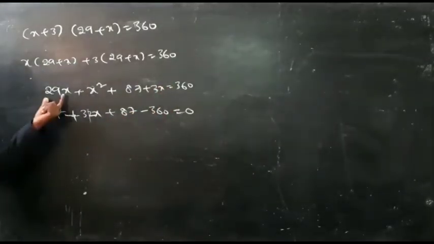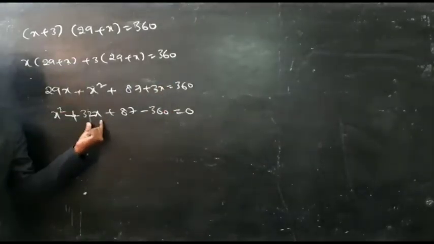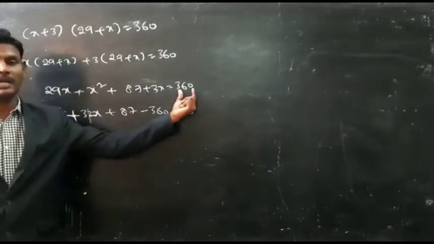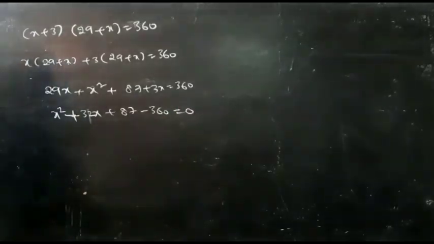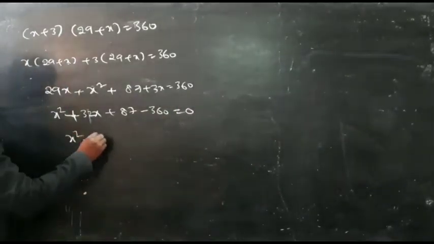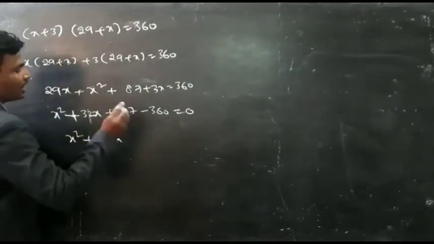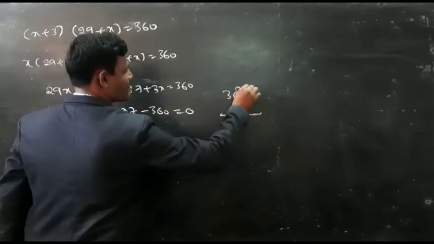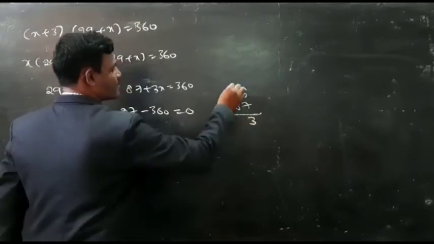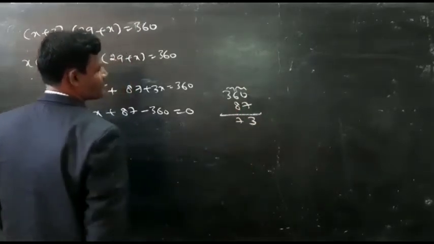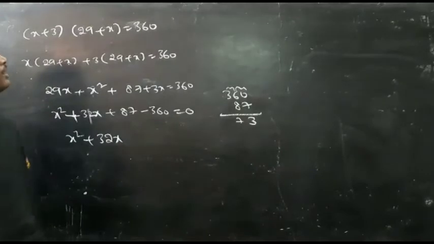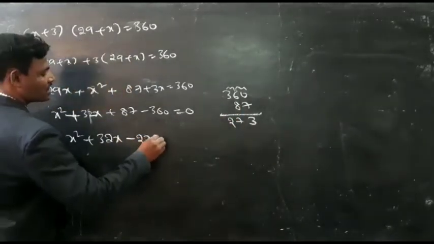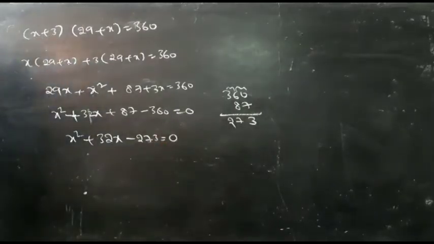Then after x square, 29x plus 3x is 32x. Then 87 plus, 360 I am transposing to the left side of the equation. x square plus 32x, now subtract: 87 minus 360 is minus 273, is equal to 0.